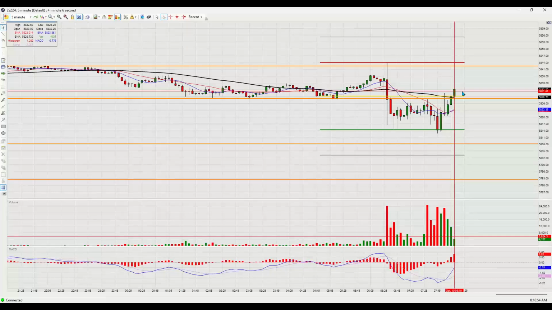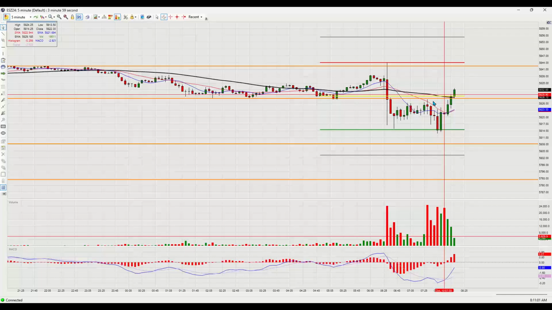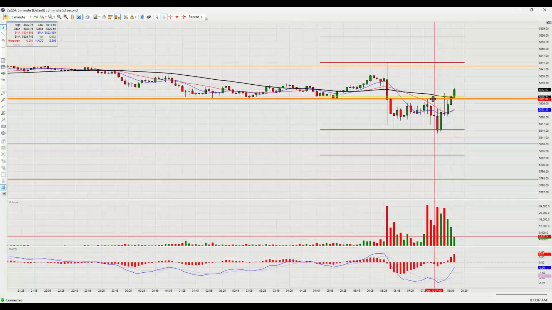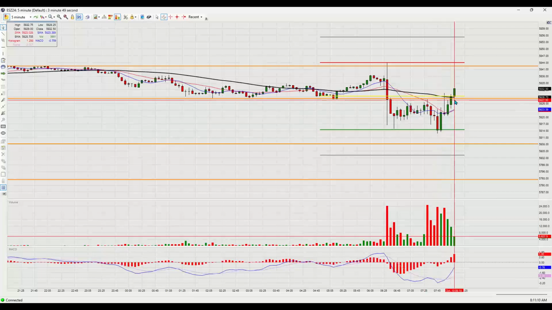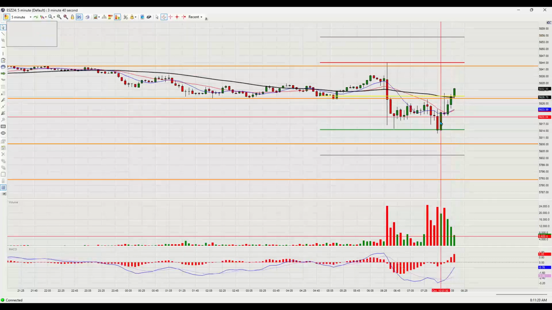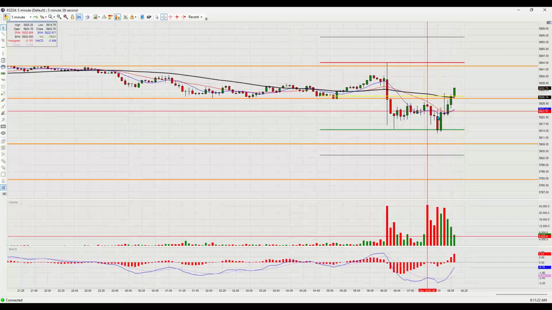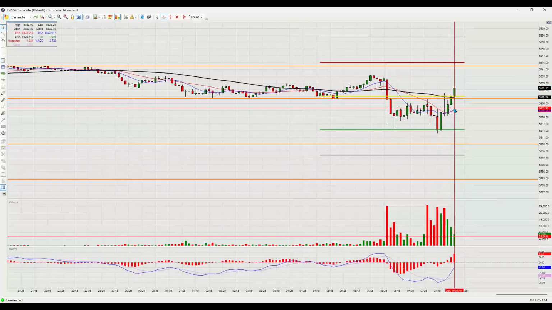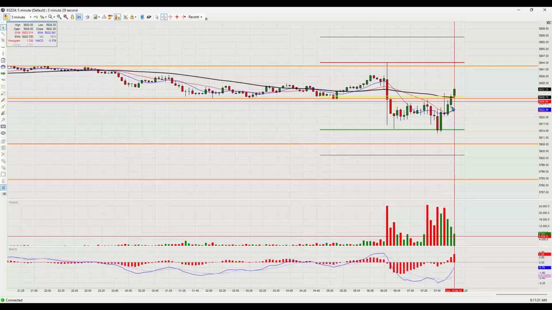So T2 long, where's it going? My observation of the game around the bounce line is I don't expect just a big green candle to target. This is the area, this is going to be a pivot point till the afternoon.